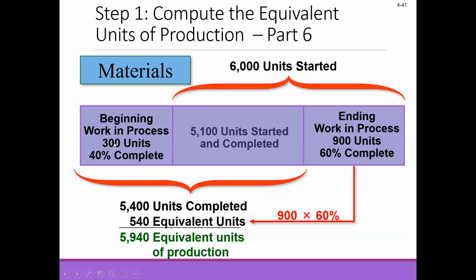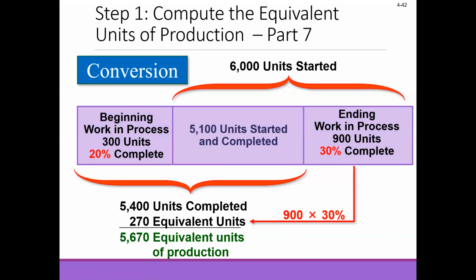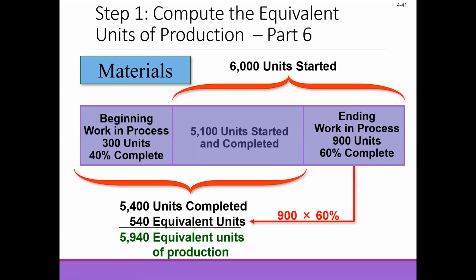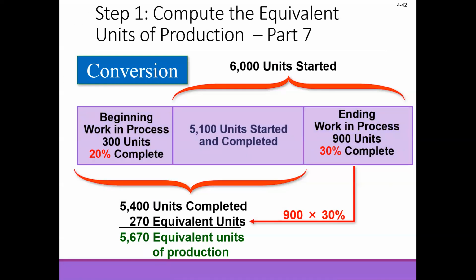And the 5,100 units plus the 300 units plus our equivalent units of production show us our equivalent units for the month. Now, this was in regards to materials. Now, in regards to conversion costs, we started again with 300 units plus the 5,100 gives us our 5,400 units completed.